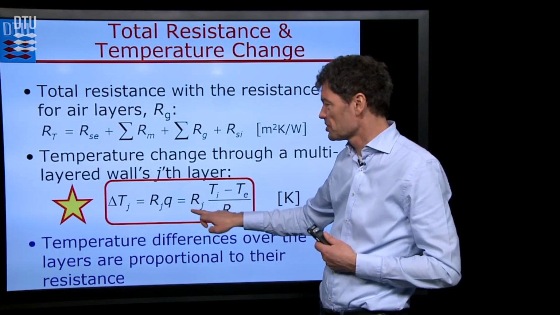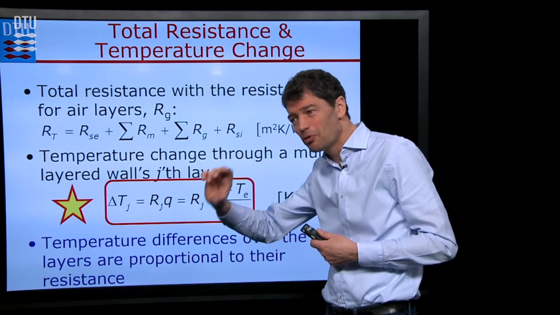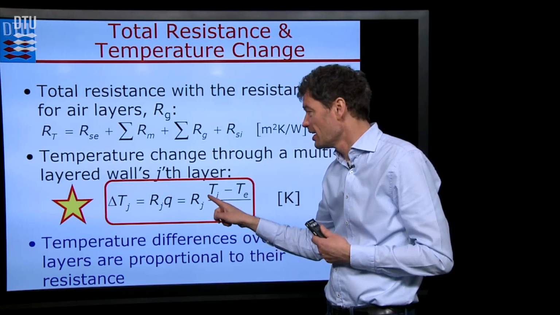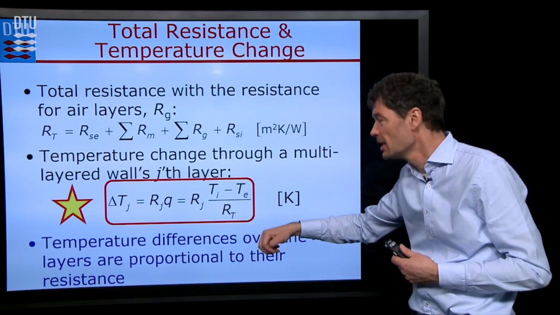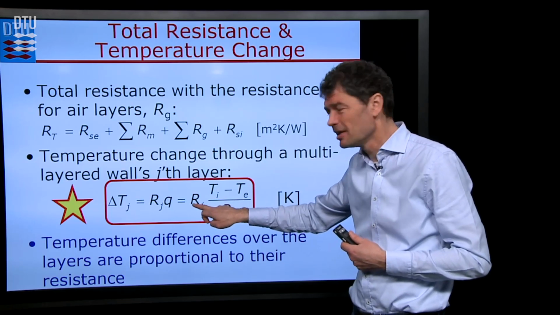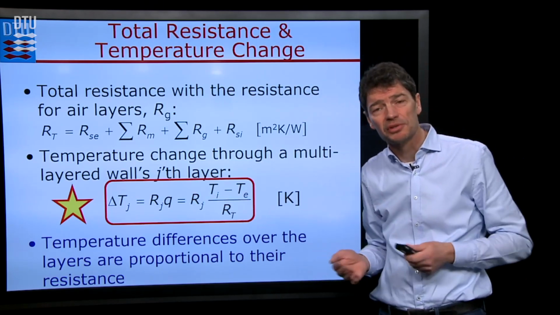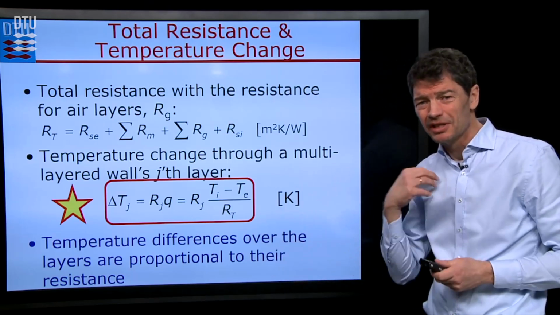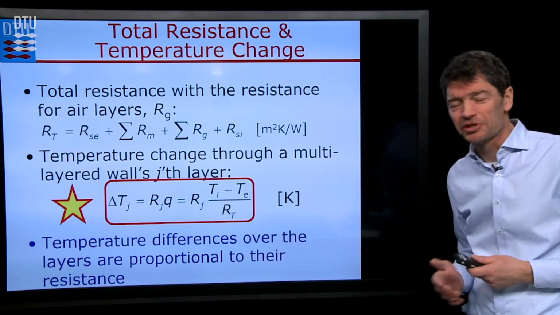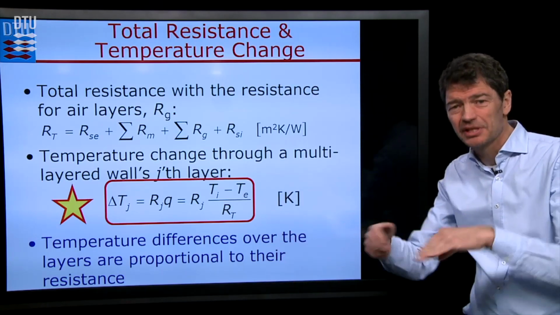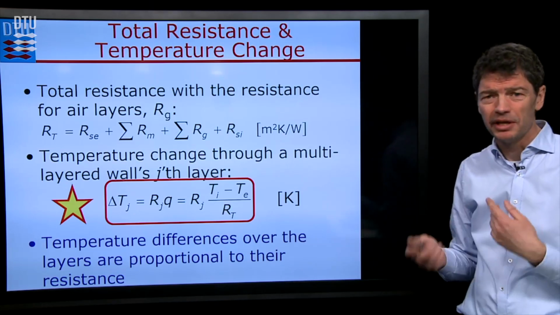So we use the thermal resistance of that particular layer as a guiding parameter to say what fraction of the total resistance this layer has. That fraction then determines how much of the total temperature difference between inside and outside falls over our layer number J. This proportionality between temperature difference and resistance of individual layers is the significant way to calculate.